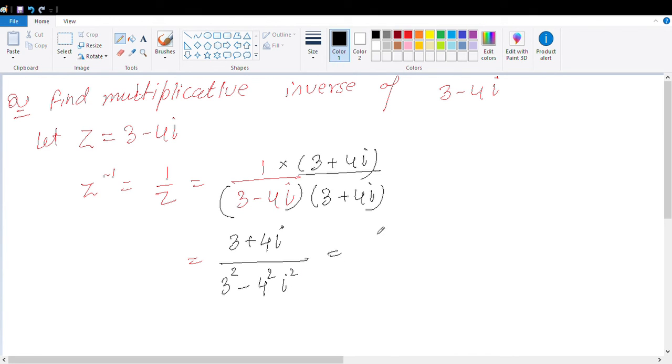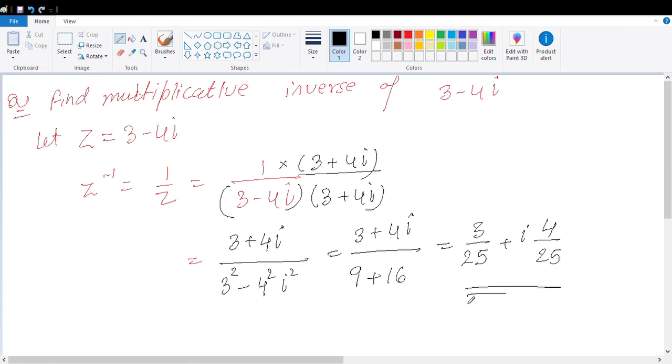So this will be 3 plus 4i divided by 9, because I told you the value of i square is minus 1, and minus of minus is plus 16. So this is 3 upon 25 plus i times 4 upon 25.